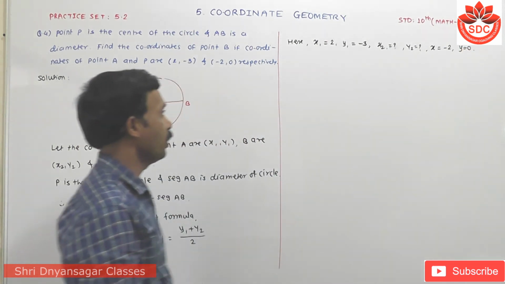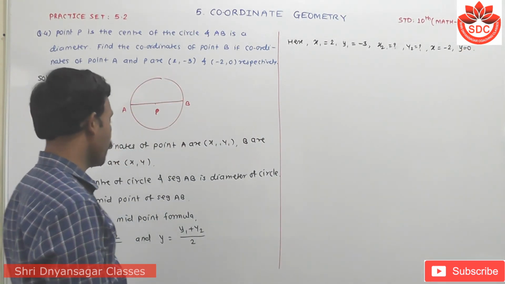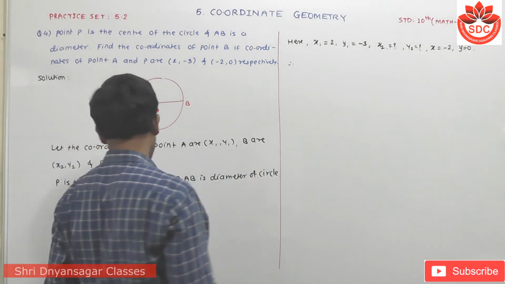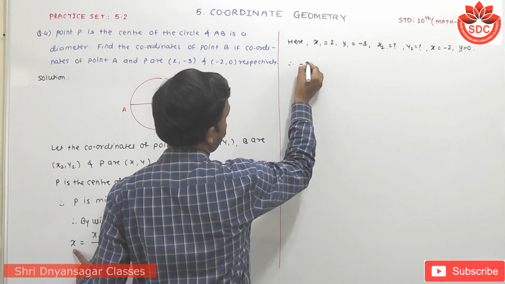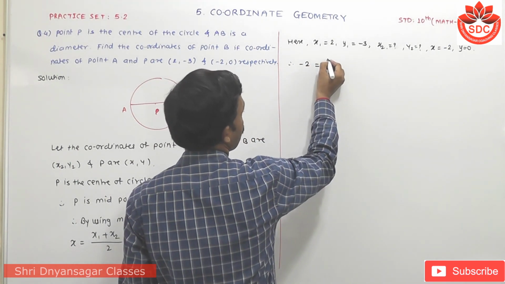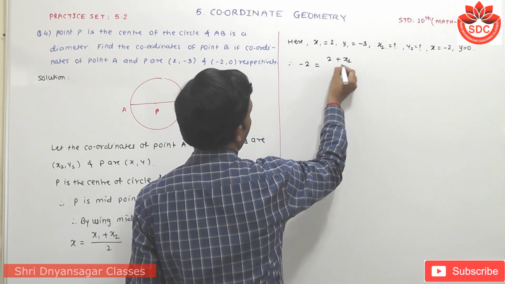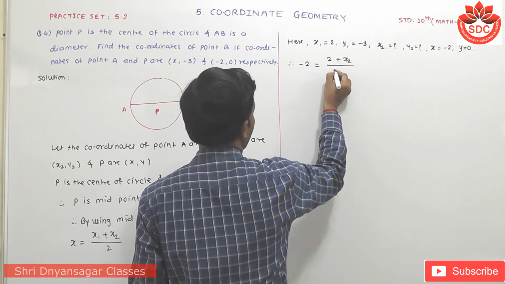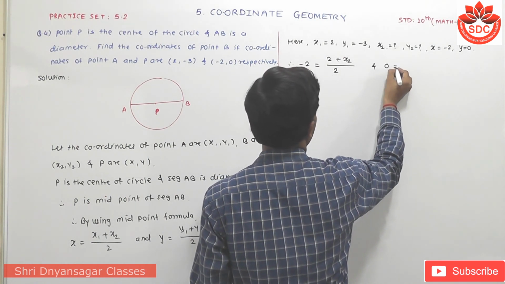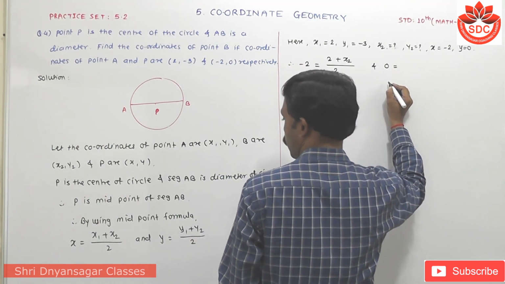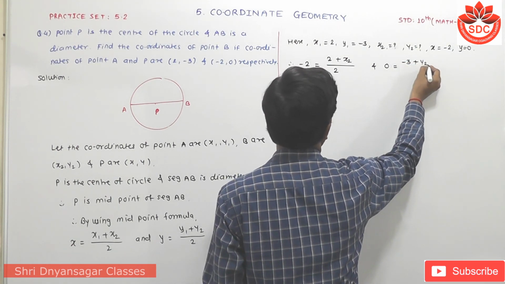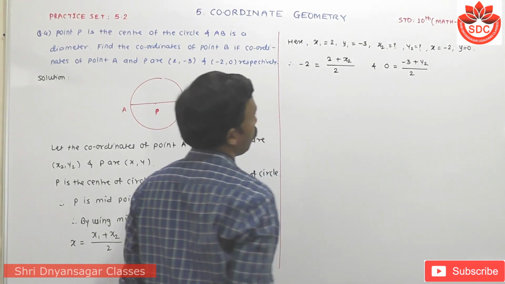Now we use all these values. Therefore, x is -2, equal to (x1 + x2) upon 2, where x1 is 2, and y is 0, equal to (y1 + y2) upon 2, where y1 is -3.